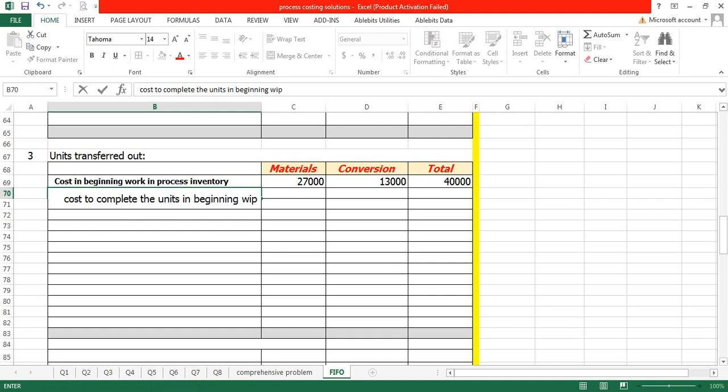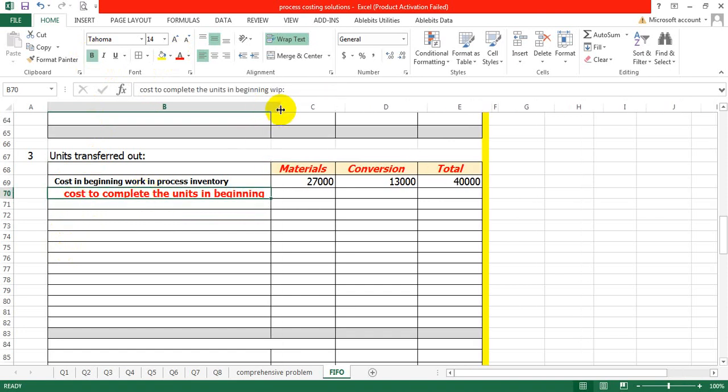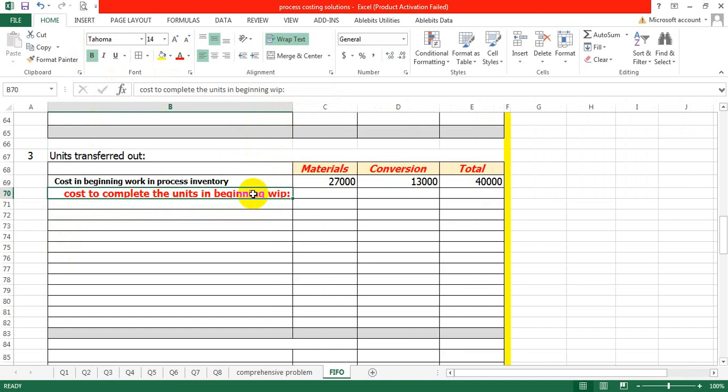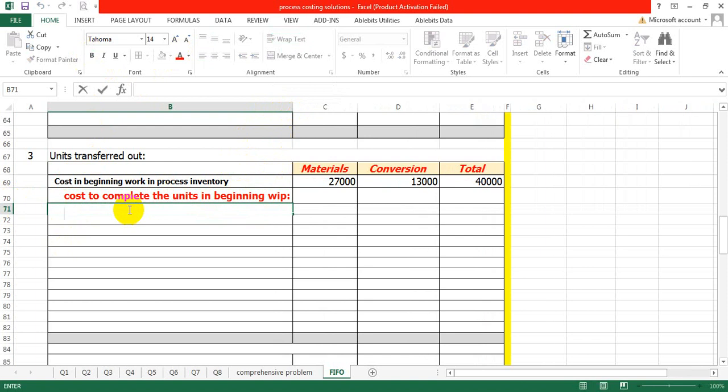How will we calculate this? First, the equivalent units of production required to complete the beginning inventory.